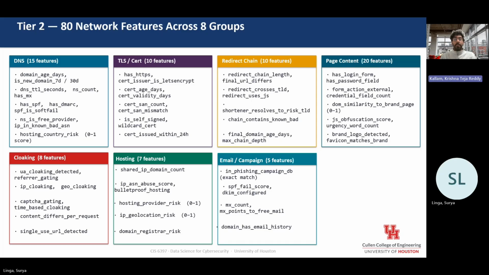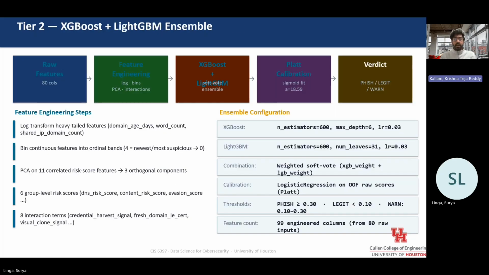For the tier 2 model, we have 80 raw features, and the problem is we need to normalize this data because some of the values are very big and some are very small numbers. When we train our model, we want it to not get confused, so I normalized the data.